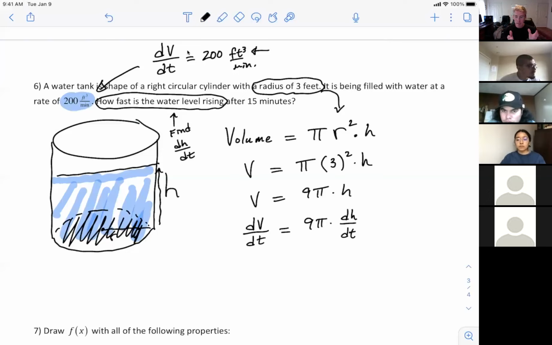But if it was something like a cone that's really skinny at the bottom and then gets bigger and bigger, then at the beginning, down at the bottom of the cone where it's really small, the height is going to be growing really fast. And when you get towards the top where it's really wide, the height's not going to be changing very fast. So if it's a shape that changes as you go up, then the time matters. In here, the time doesn't matter. So this is not even needed.